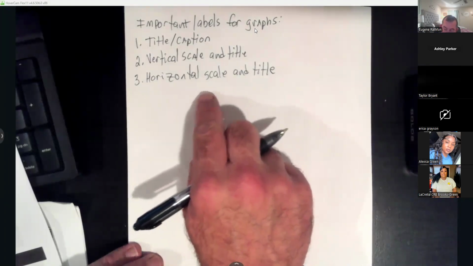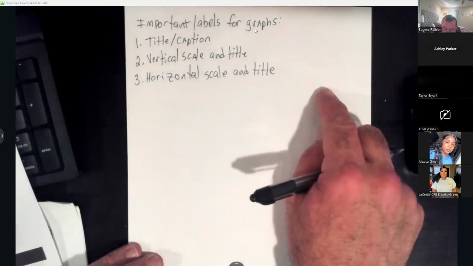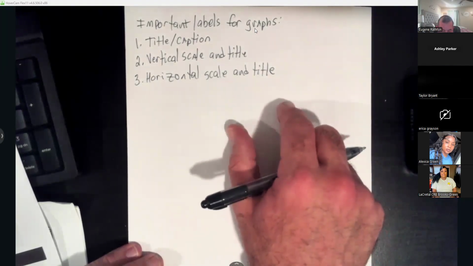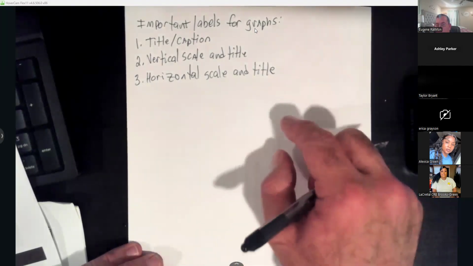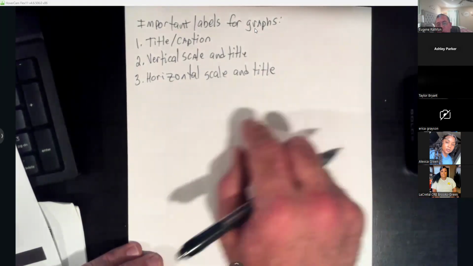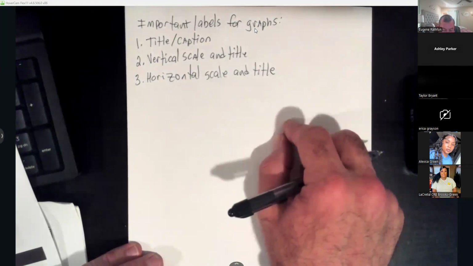All right, so your categories would be listed along this horizontal axis. You don't have to use tick marks for those. You just have your data separated, okay? And then you want to have a label that describes that data.